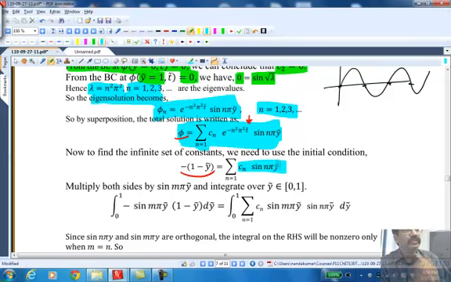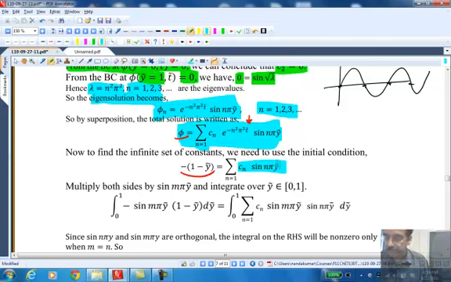From that single equation, we need to find all those infinite constants, C1, C2, C3, C4, etc. How do we do that? If you've seen separation of variables, you must have seen orthogonality of functions. What do we mean by functions that are orthogonal?